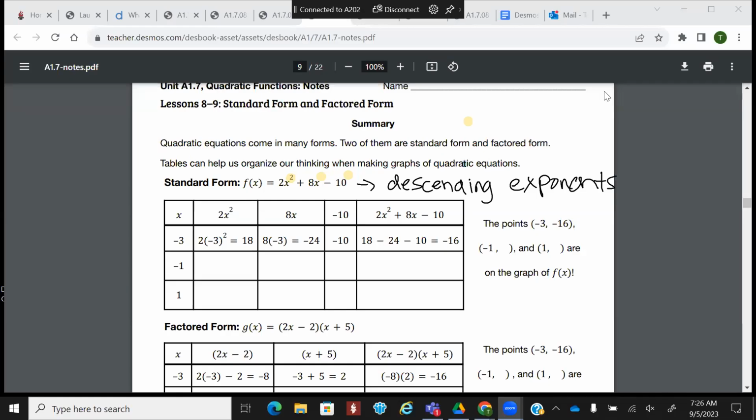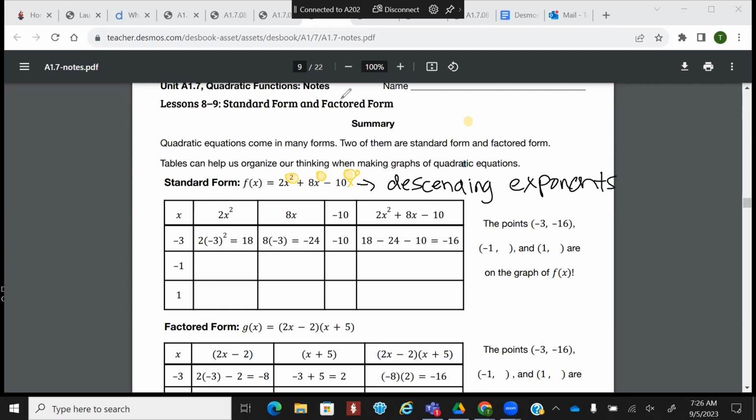So standard form is descending exponent order. Okay, so we go from the 2, then to the 1, and then this guy doesn't have an exponent, right? Like it's x to the 0 power, which would just be 1, right? Okay, so right here, we have 2x squared, 8x minus 10, and then when we put it all together, this is what we get.